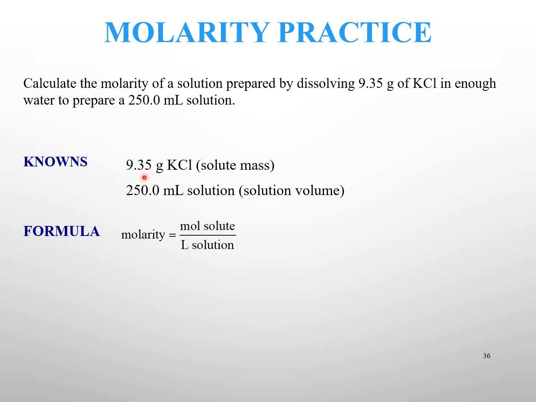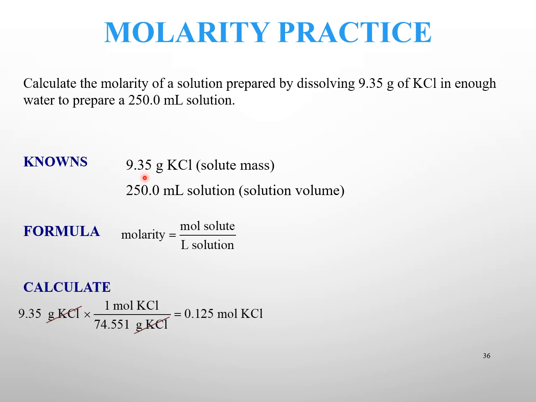So what we have here is going to be 9.35 grams divided by 74.551 grams of KCl to give me the moles of KCl. And I also have to change the volume to liters, so it's 0.250 liters. So molarity is the number of moles of KCl divided by the liter solution. I get 0.502 molarity KCl. So capital M stands for molarity.